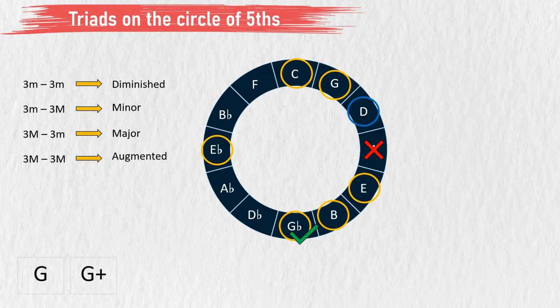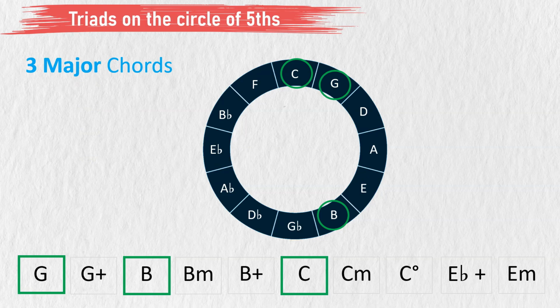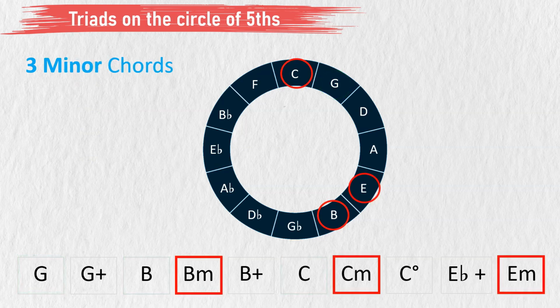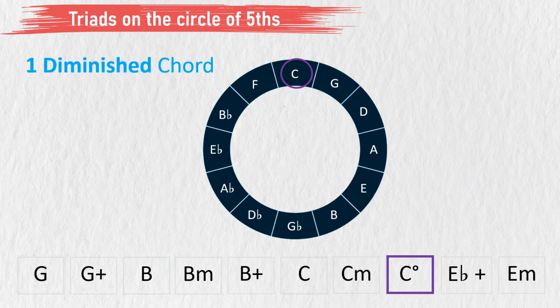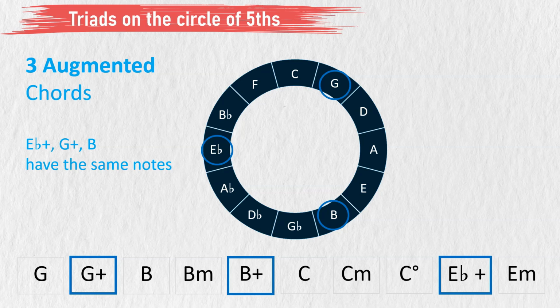And 20 minutes clockwise, we get B flat, that doesn't belong to the scale either. So there is no D chord. So far, so good. We have 3 major chords, 3 minor chords, 1 diminished chord as in any other modal scale, and 3 augmented chords. Actually, E flat augmented, G augmented and B augmented have the same notes, so they can be considered the same chord.